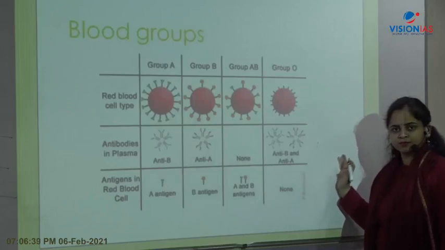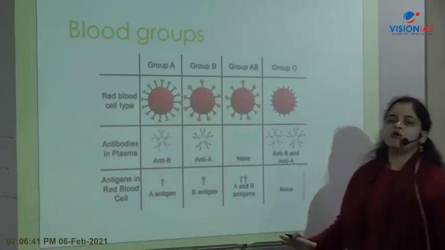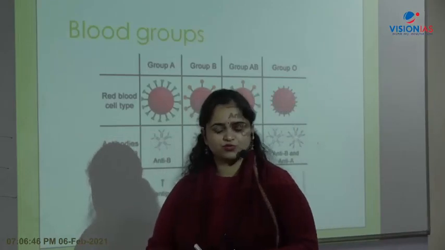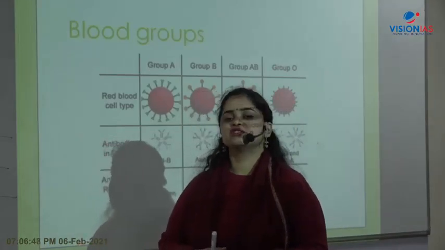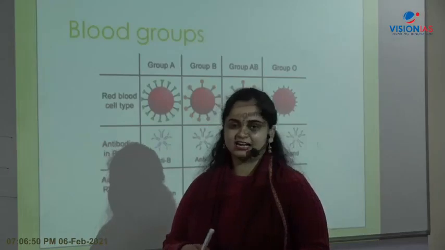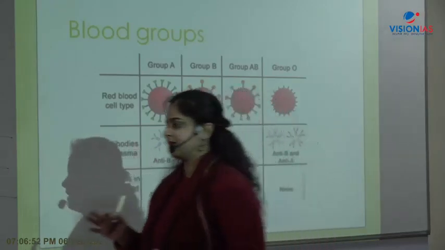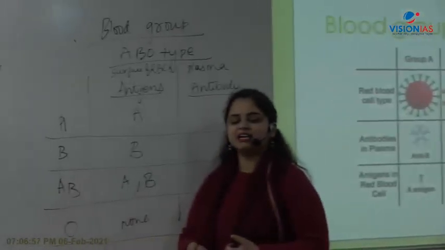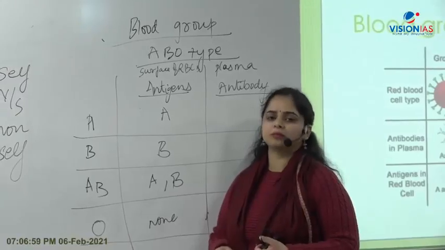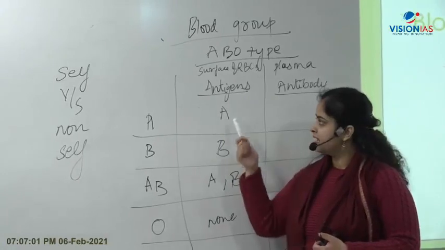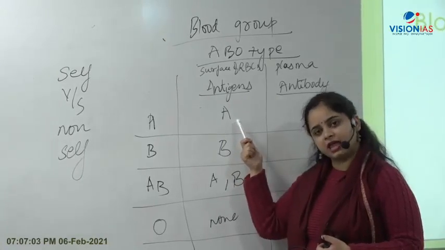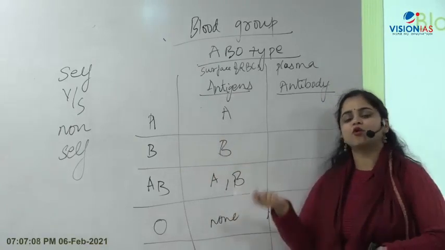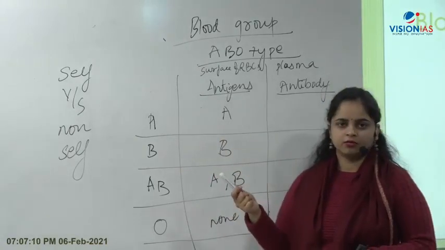Now if there is an antigen, that means there would be an antibody which would be produced, because antibodies are made in response to antigens. Now a blood group cannot produce antibodies against its own blood. If this is an antigen A, the blood group A will not produce antibody against this antigen. Why?